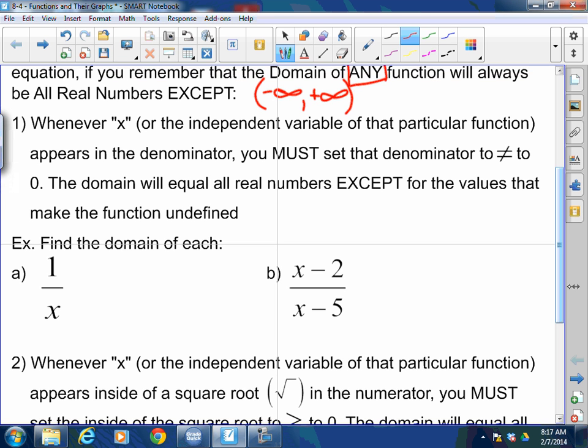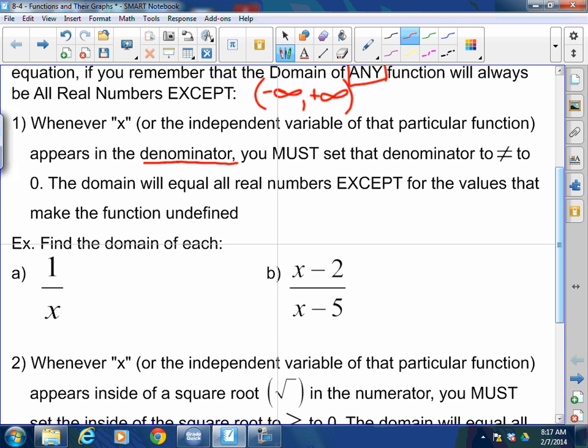All right? Whenever x, or the independent variable of that particular function, appears in the denominator, you must set that denominator to not equal 0, because that denominator cannot equal 0. If it equals 0, it's undefined. You're done. You're out of gas. The domain will equal all the real numbers except for the values that make the function undefined.